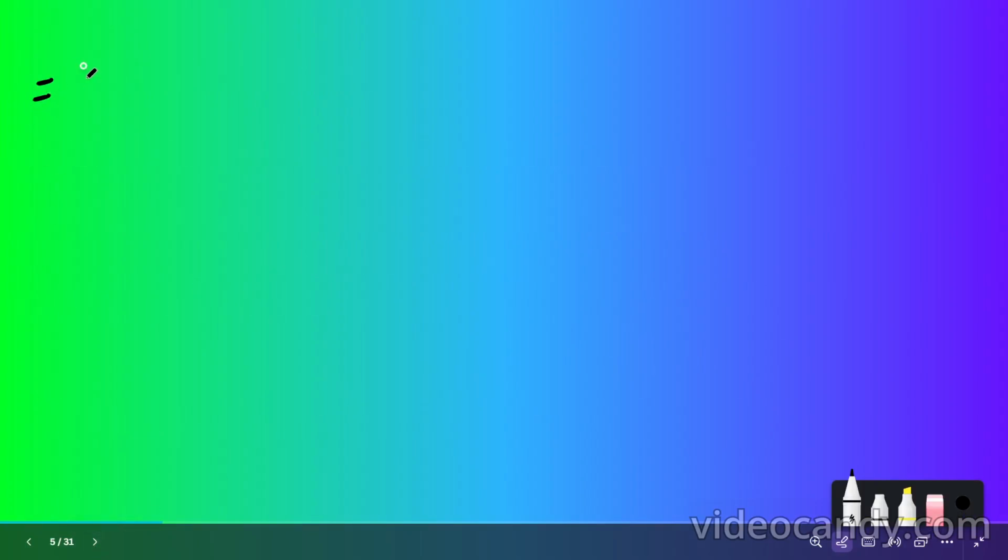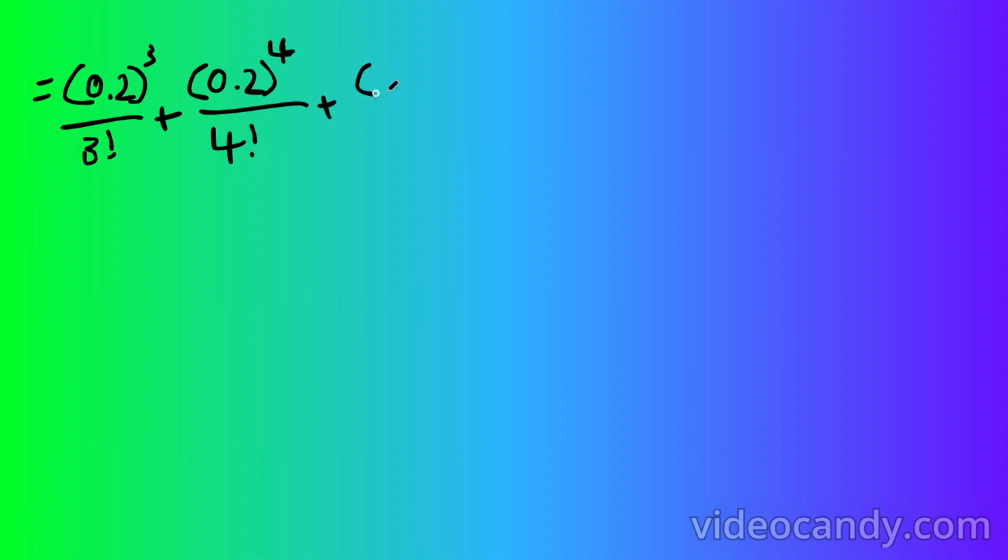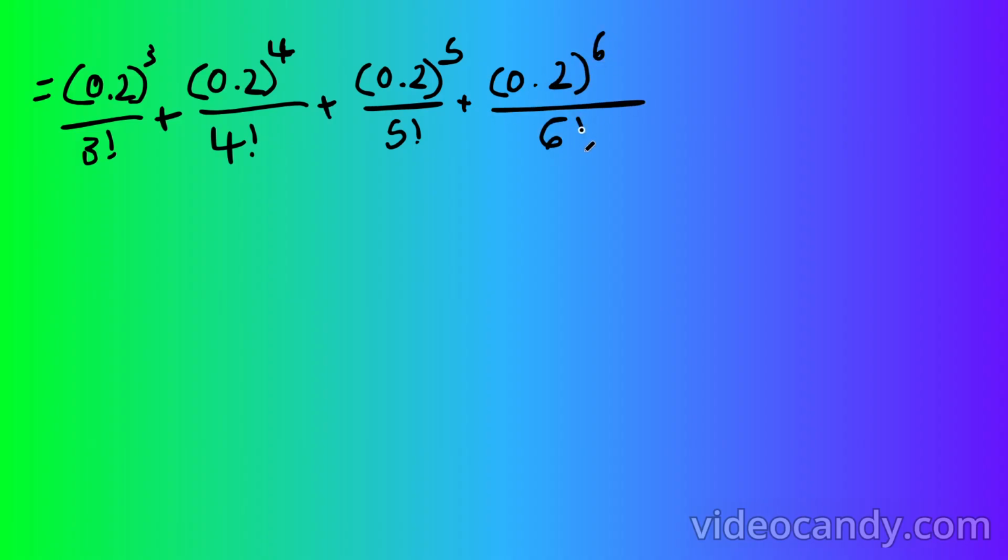The next one: 0.2^3/3!, plus 0.2^4/4!, plus 0.2^5/5!, plus 0.2^6/6!. So let me calculate this.